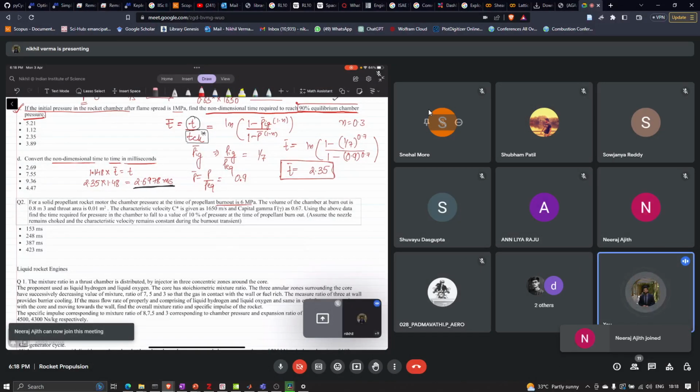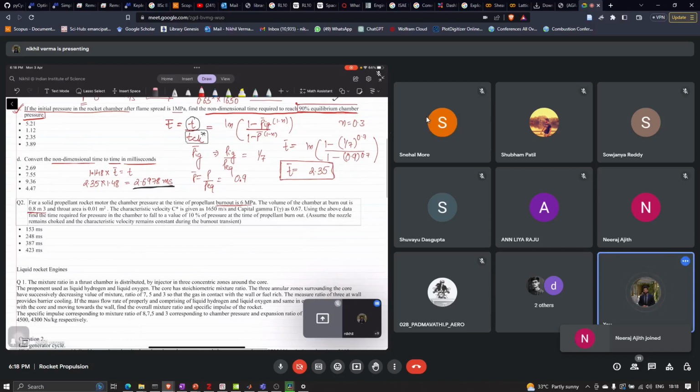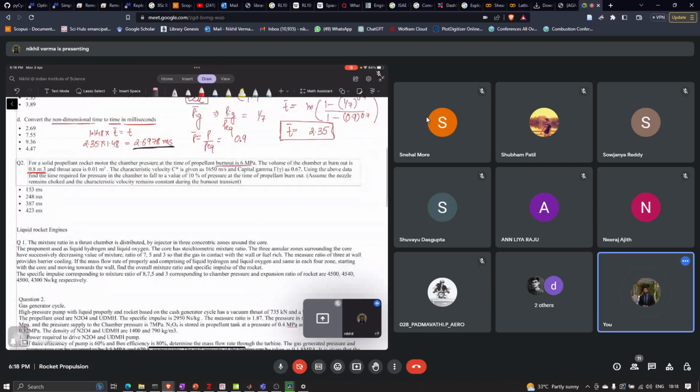The volume of the chamber is given, which is 0.8 meter cube, and the throat area is given as 0.1 meter square. The characteristic velocity is given as 1650 meters per second, and gamma is also given as 0.67. So we have to use the above data to calculate the time required for the pressure to fall to 10% of the pressure at the time of burnout.